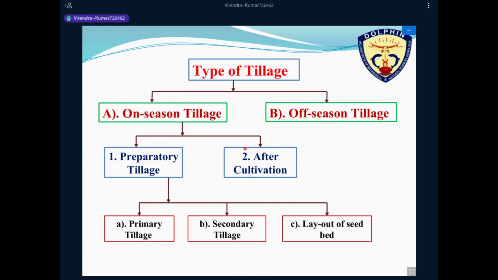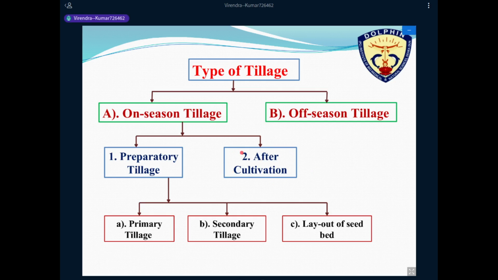The main objective of intertillage or intercultural practices is to reduce, remove or destroy the weed population found between the crop rows and make the soil friable, or we try to break the hard pan found between the two crop rows, and it provides proper aeration and water holding capacity.